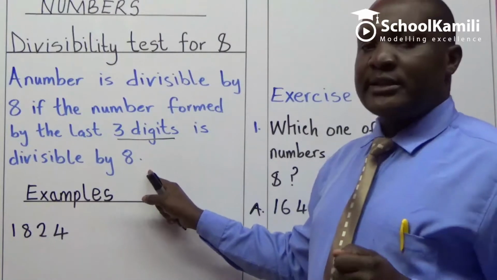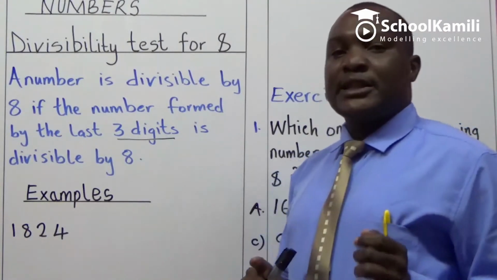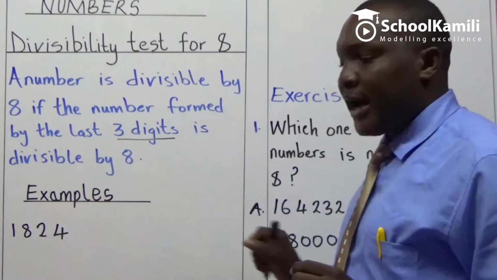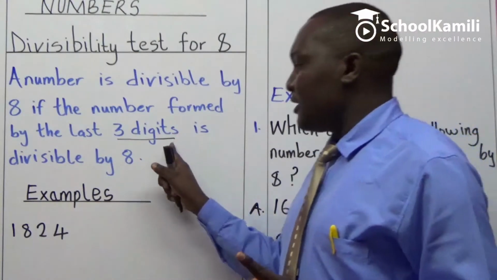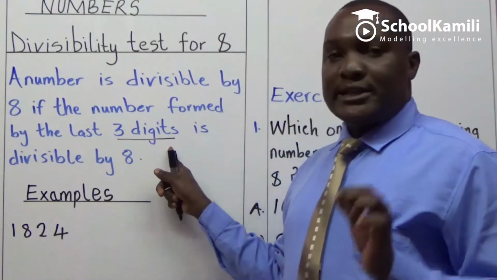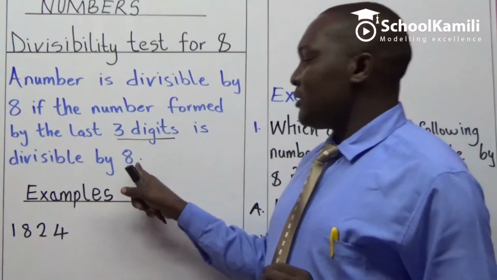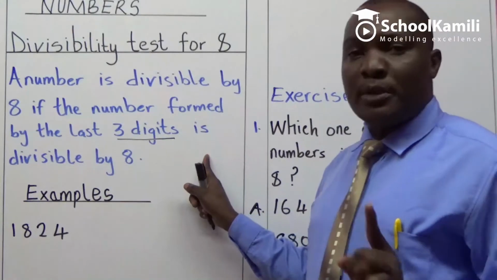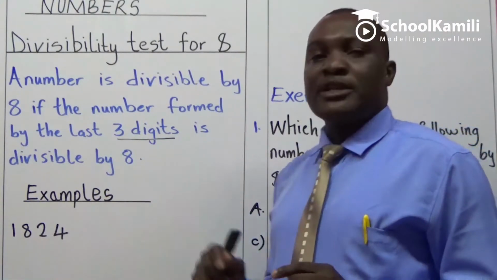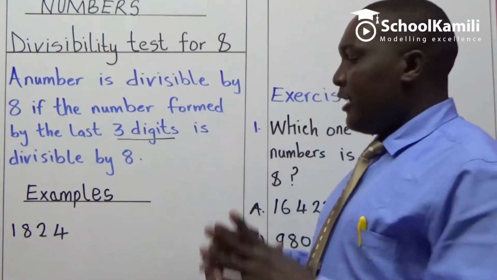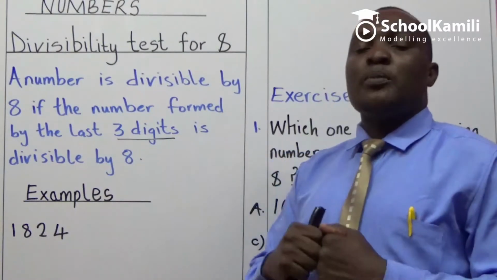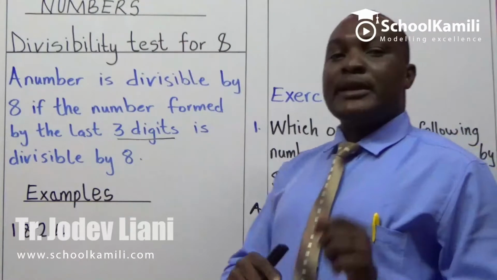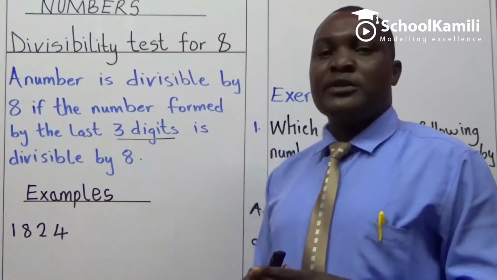In this case, you take the last 3 digits, find out what number has been formed, take that number, divide by 8. If 8 divides that number completely, then we will say the number is divisible by 8. If it does not divide it completely, there is a remainder, then we'll say the number is not divisible by 8.